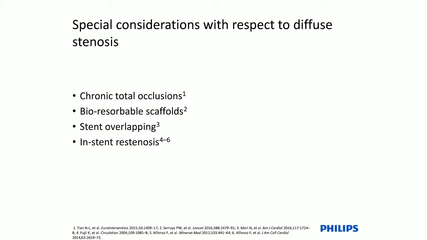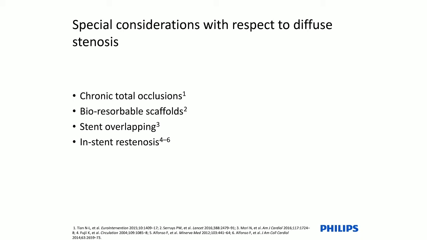I mentioned before that there are some special considerations regarding diffuse stenosis. I think that chronic total occlusions are one of these situations, typically when on many occasions we open the occlusion and we have a very long segment of diffuse disease, which provides a challenge to interventional cardiologists in terms of whether you have to treat or not.